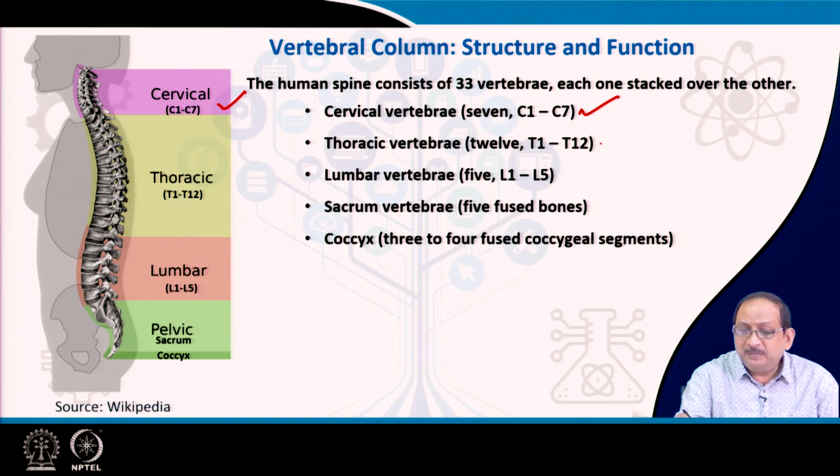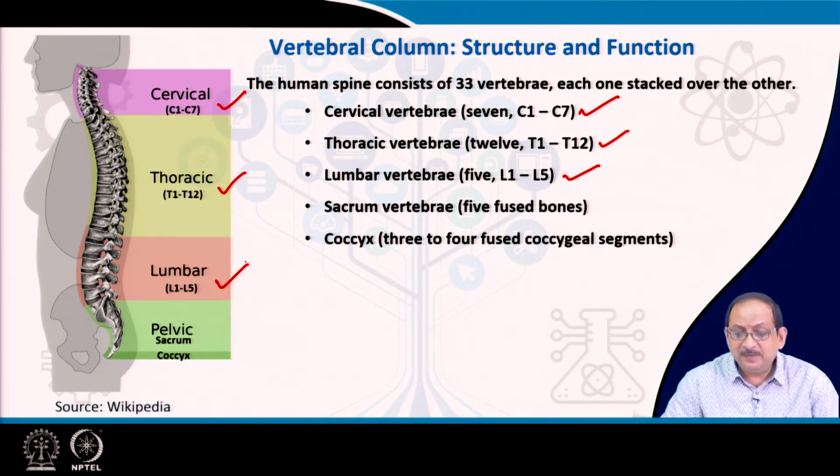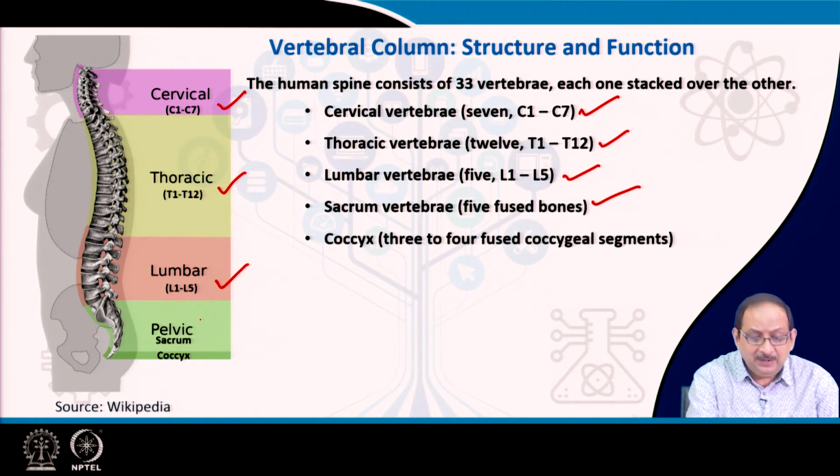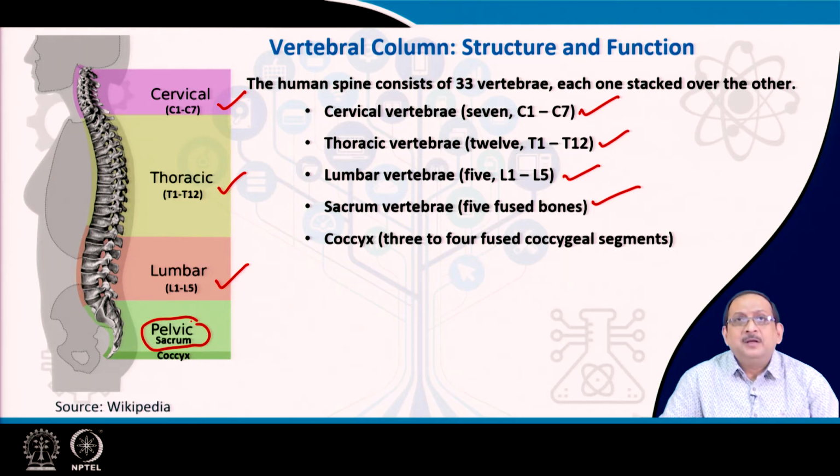There are 12 vertebrae in the thoracic segment and 5 vertebrae, L1 to L5, in the lumbar segment. The sacrum consists of 5 fused bones in the pelvic region, followed by the coccyx, where there are 3 to 4 fused coccygeal segments.